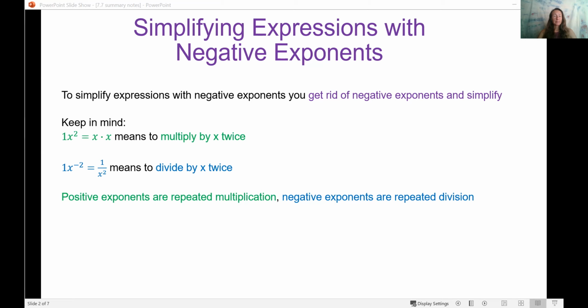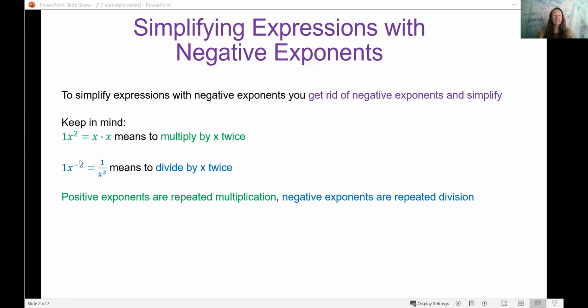I want to just remind you guys that if you have something like x squared, that 2 in the exponent just tells you how many times to multiply by the base being x. So x squared means x times x. Essentially, it means multiply by x twice.